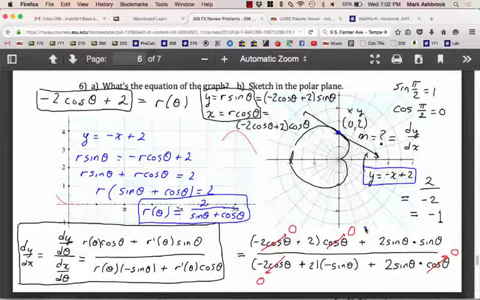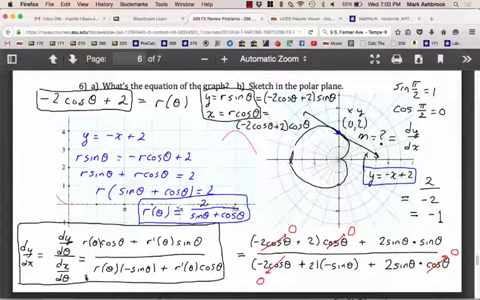You're going to look for dx d theta. As theta changes, for a small change in theta, you want x to not change, right? If x doesn't change, then you have a vertical tangent. So if we want it to not change, we want dx d theta to be 0. So if you want a vertical tangent, you're going to set dx d theta equal to 0.